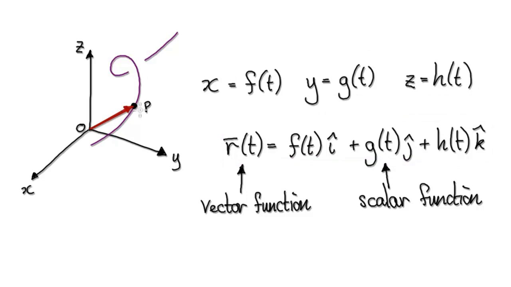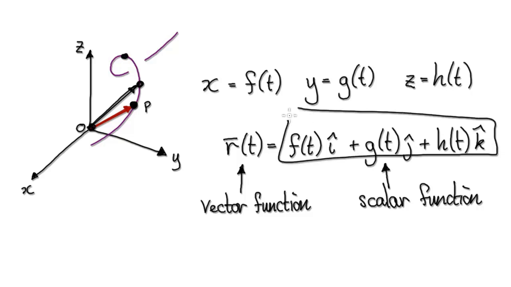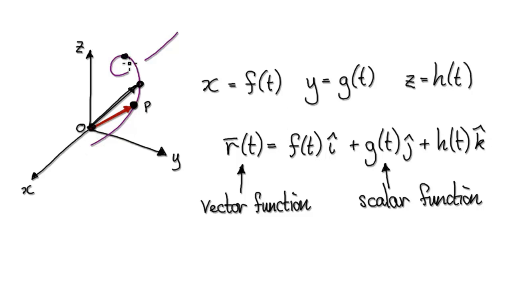Let's say at one time it is here, another time it is here. So in your mind, you've got to think of it as this. It's the actual move. This thing here will give you a vector, and that vector is from the origin to here. So let's say the particle is here. This thing here will then give you a vector from the origin to here.